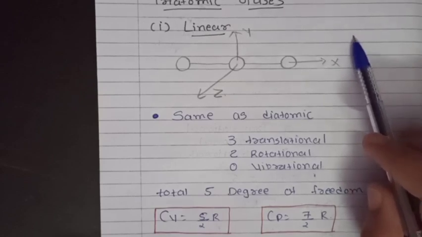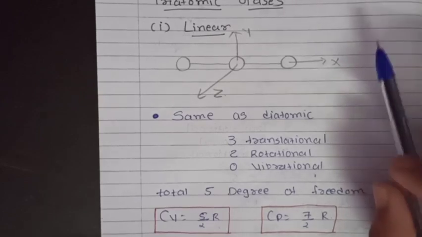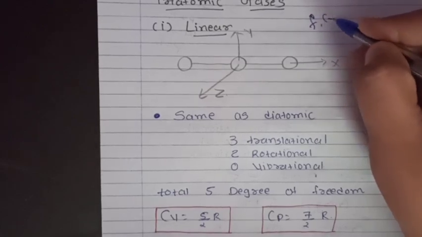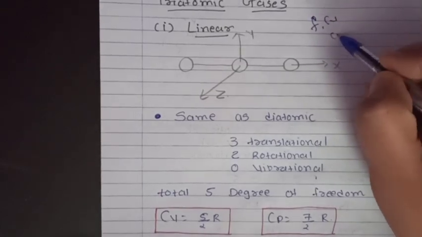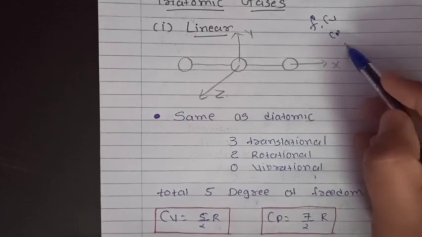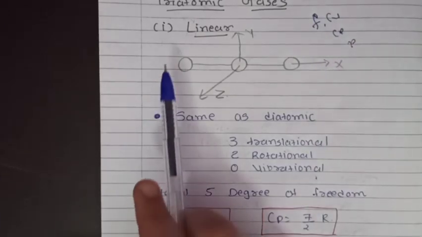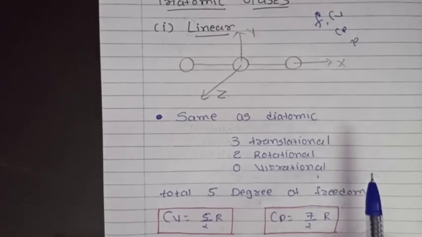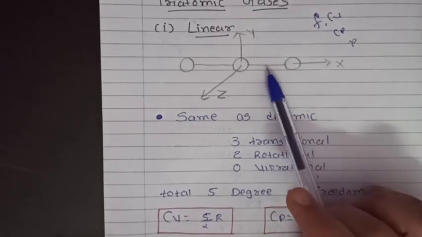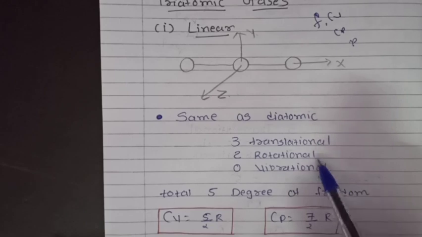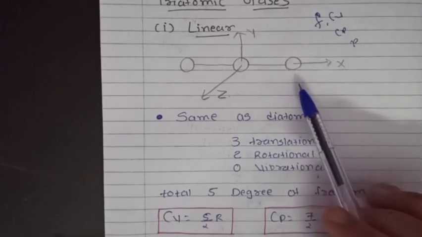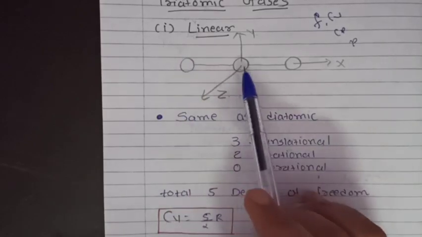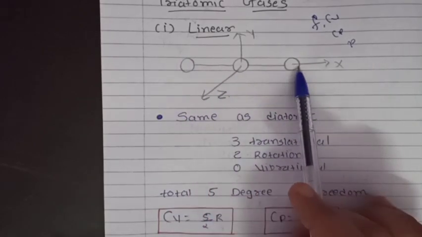Now we will find all the things, that is degree of freedom, Cv, Cp and gamma for triatomic gases. There are two cases in triatomic gas, that is linear and non-linear. The linear structure of triatomic gas is the same as diatomic, that is 3 atoms are located linearly.